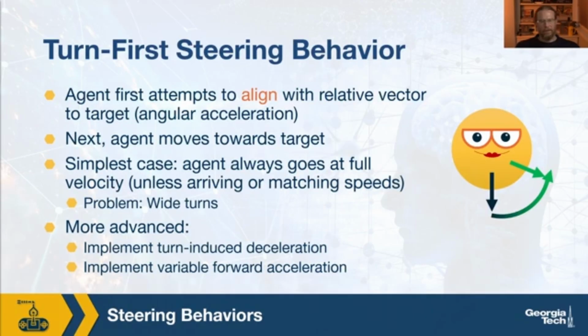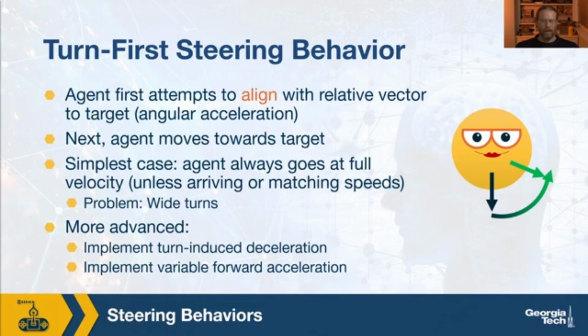So the way this would be implemented is the agent first attempts to align with the relative vector to the target. So we get that relative position vector, and then we use that to generate the target direction for the alignment, so that we're applying an angular acceleration, gradually rotating the agent to either the left or right, depending on whichever is the closer angle.